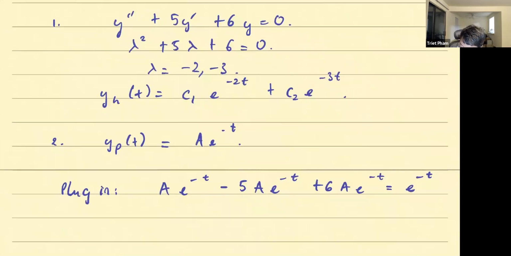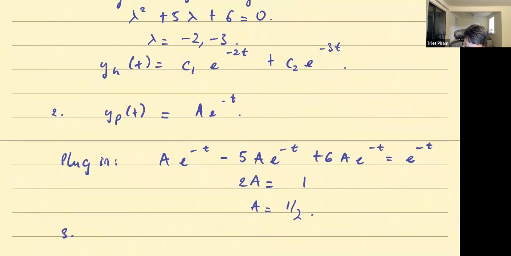So in other words, you get 2A equals 1, or A is equal to 1/2. And so your solution then is C1 e to the minus 2t plus C2 e to the minus 3t plus 1/2 e to the minus t. Okay, question here.